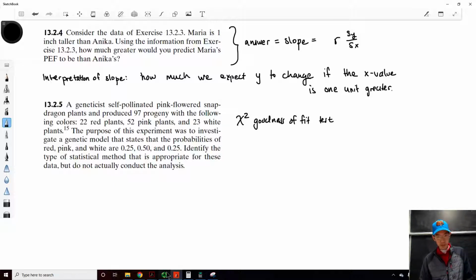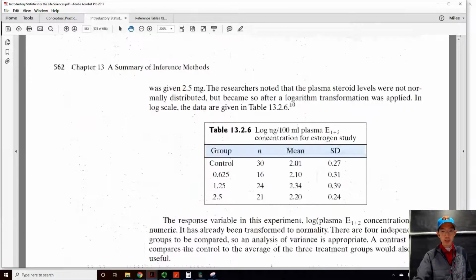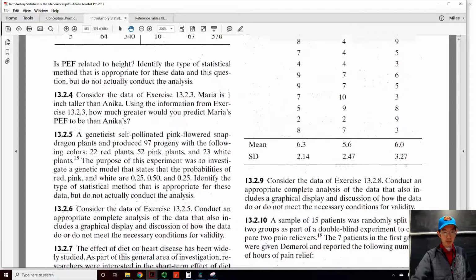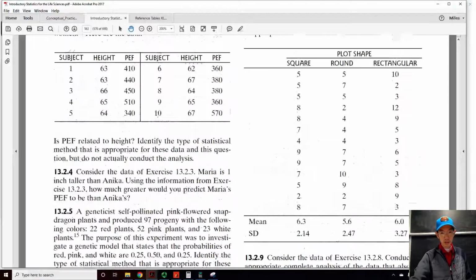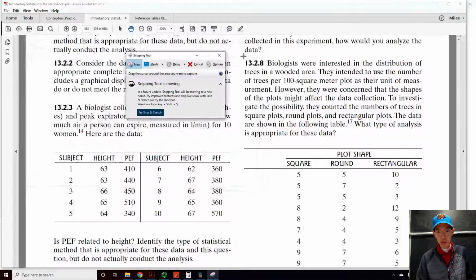I'm not going to bother working through it. We did not cover the section needed to do 13.27, so we're not going to do 13.27. But let's look at 13.28.